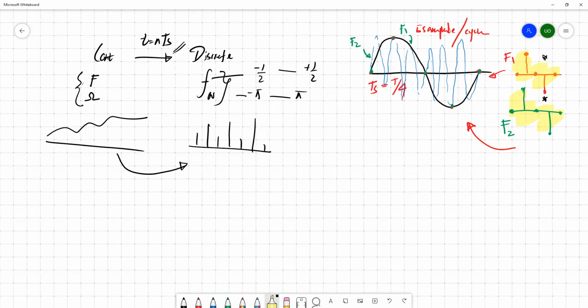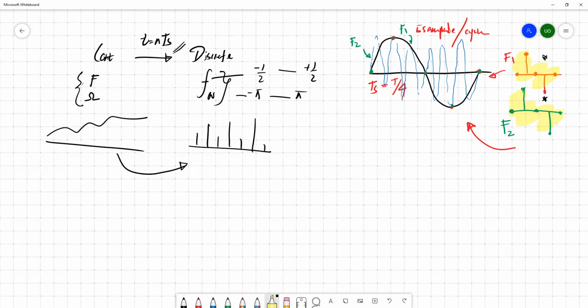So in the analog or continuous domain, we have an infinite set of frequency components, but a certain set of frequency components are mapped to a single value in the discrete domain, depending on the selection of Ts.